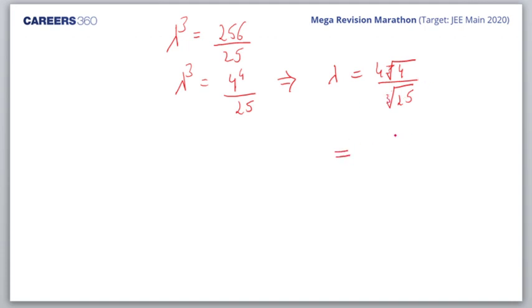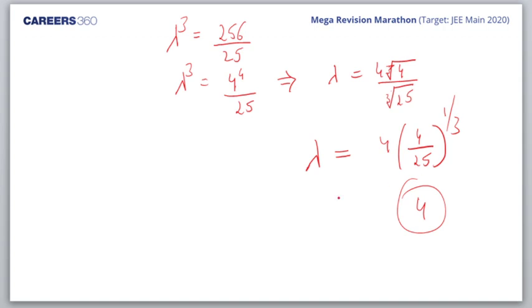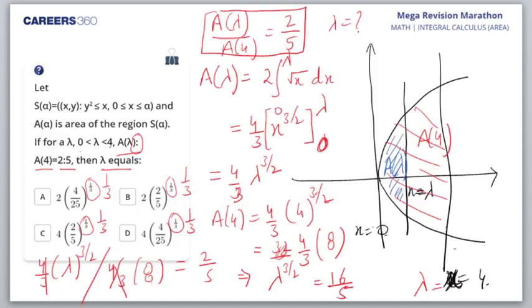So this would basically mean 4 by 25 cube root, that is lambda. Okay, so we get the answer 4. Okay, option 4 would be the correct one. So let's see, I think option 4 only is this, 4 by 25 raised to power, this is it.